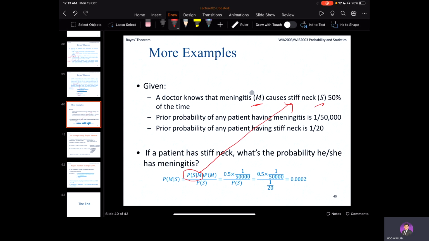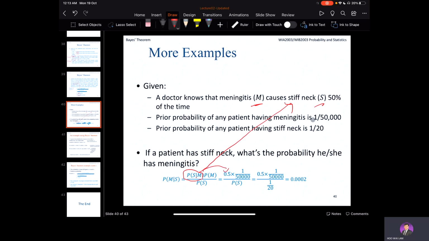When you rewrite this part, it's actually the probability of stiff neck happening given meningitis. That's why it's 50%, and it's put over here.